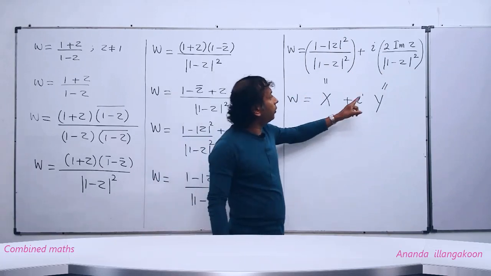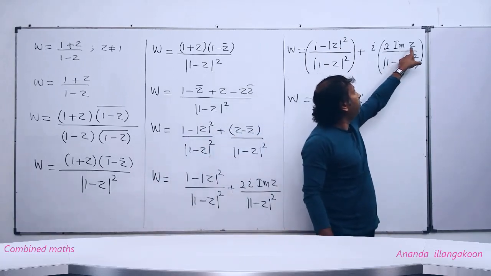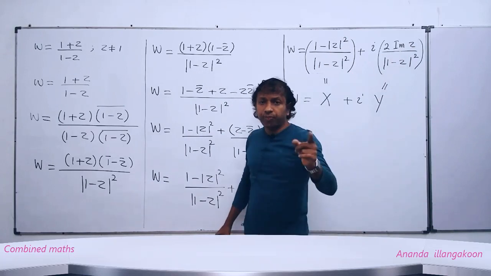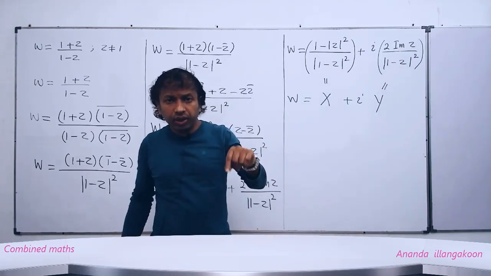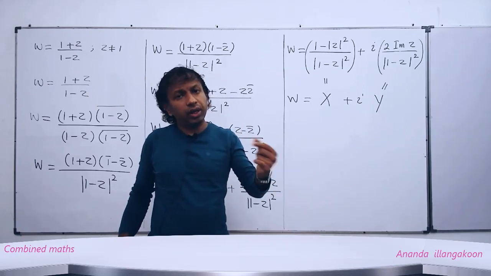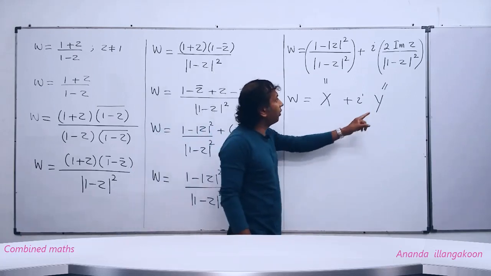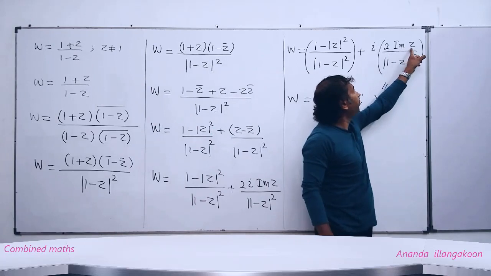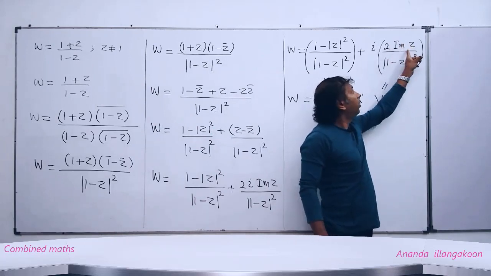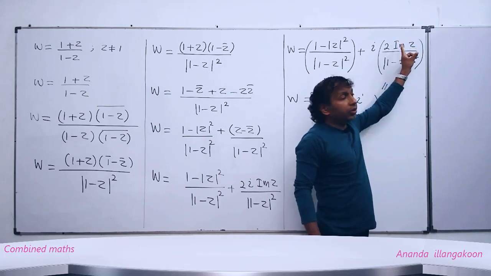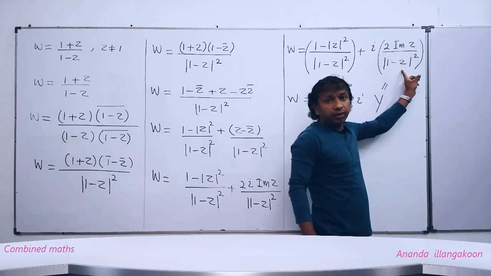And here also, Im is the imaginary part of z. Of any complex number, both the real part and imaginary part are real numbers. So therefore, Im is a real number. Multiplying that by 2 is a real number. Dividing that by this is a real number.